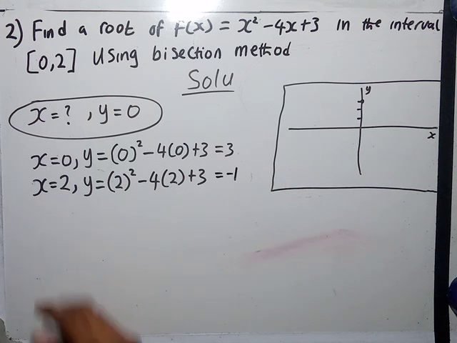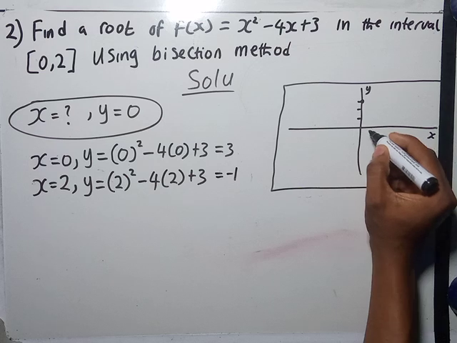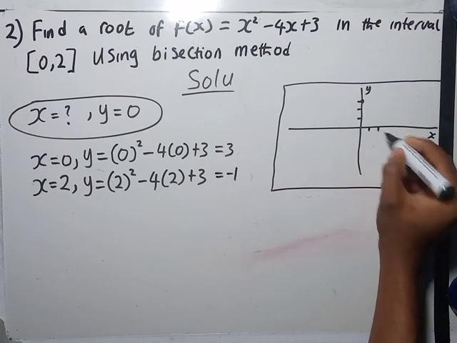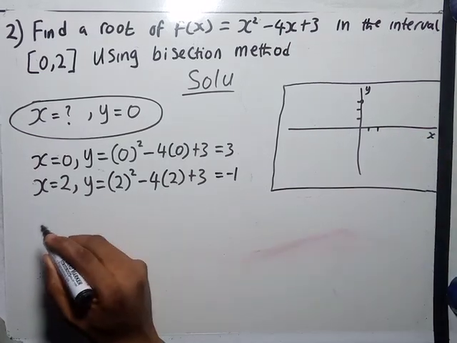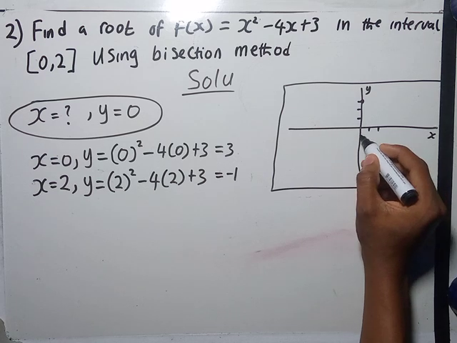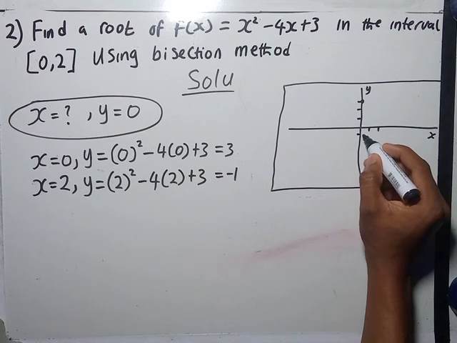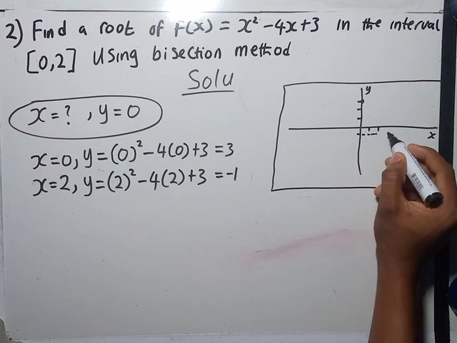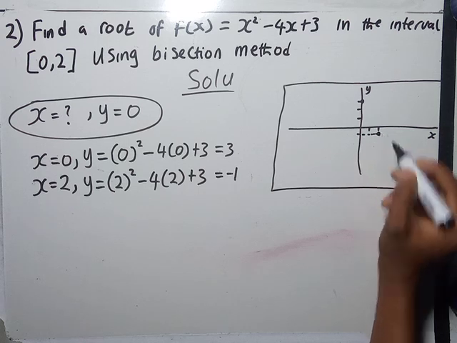So when x is 2, we count 1, 2, and y is minus 1. So let's say here is minus 1. If we are to trace, our dot should be somewhere around here.